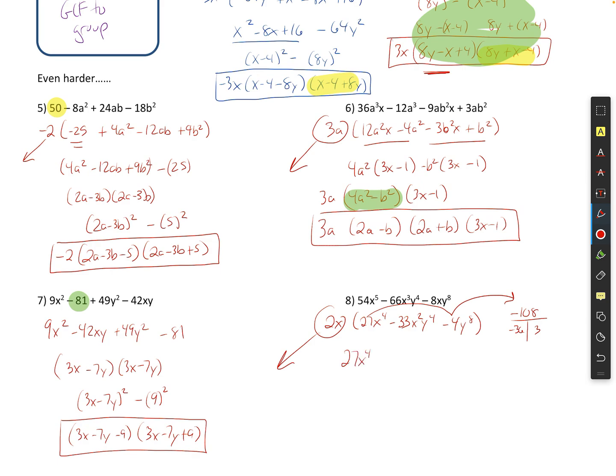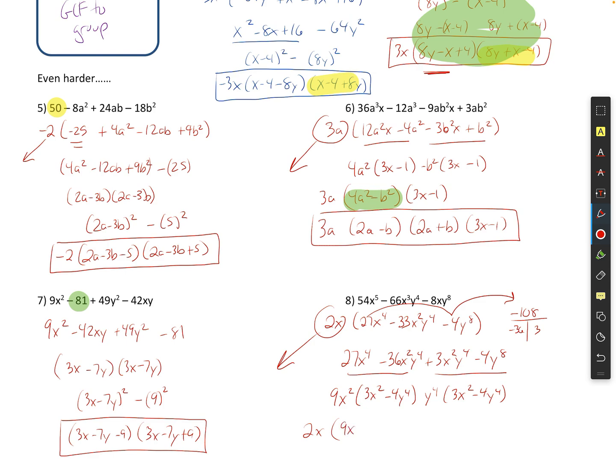So I got 27x to the 4th minus 36x squared y to the 4th plus 3x squared y to the 4th minus 4y to the 8th. Group. GCF of 9x squared, 3x squared minus 4y to the 4th. GCF here of y to the 4th leaves me with 3x squared minus 4y to the 4th.